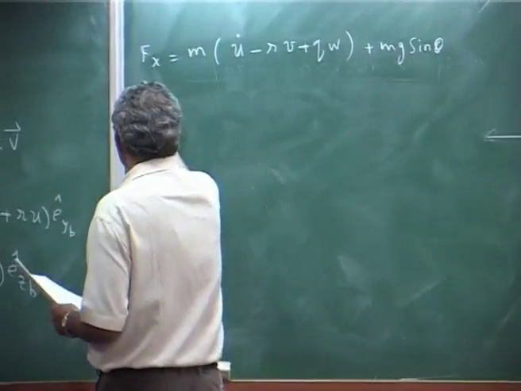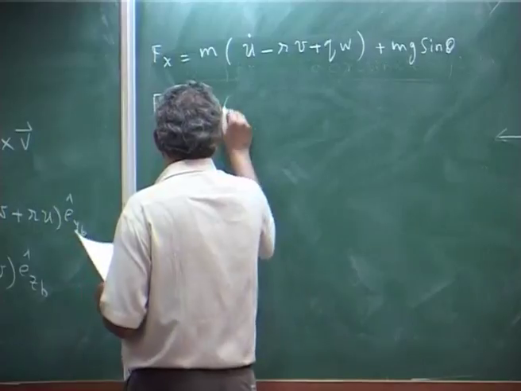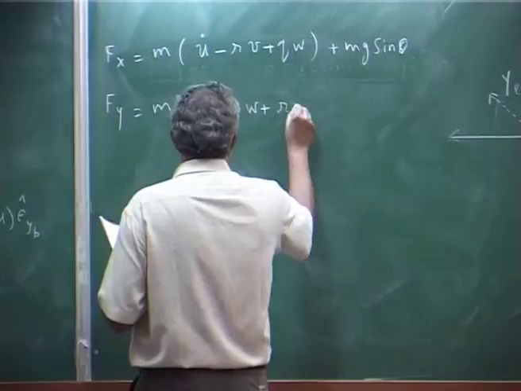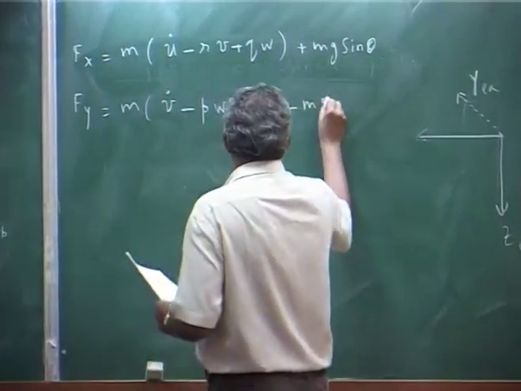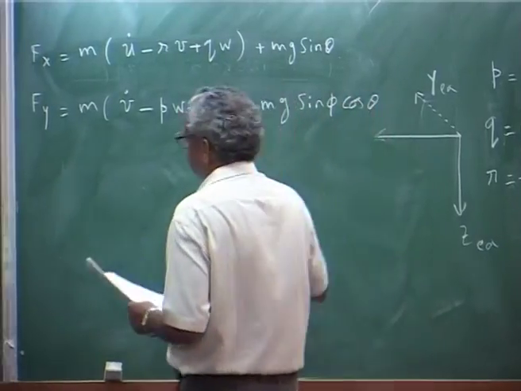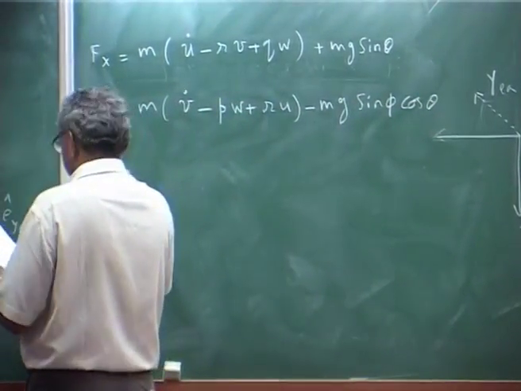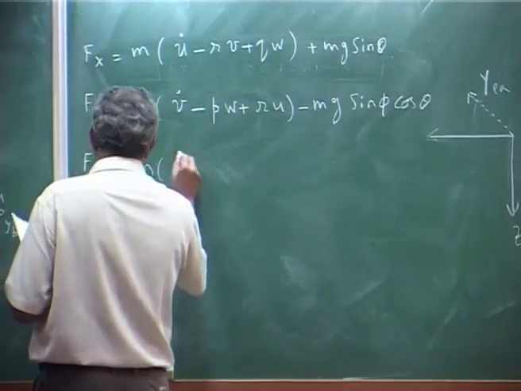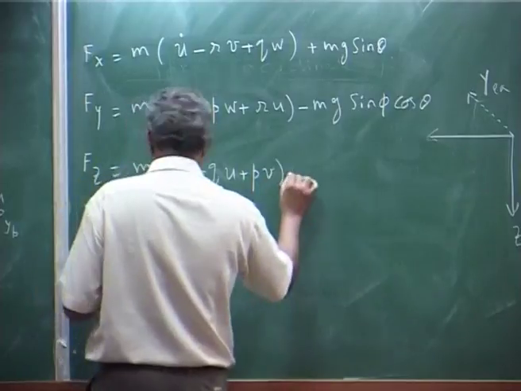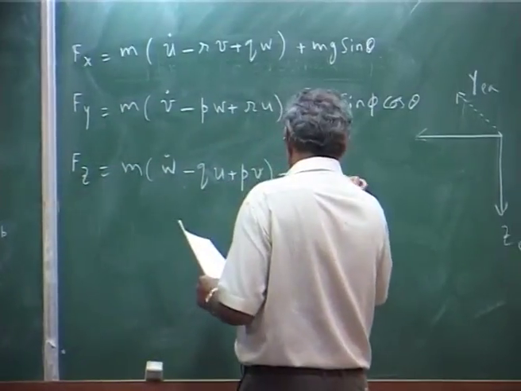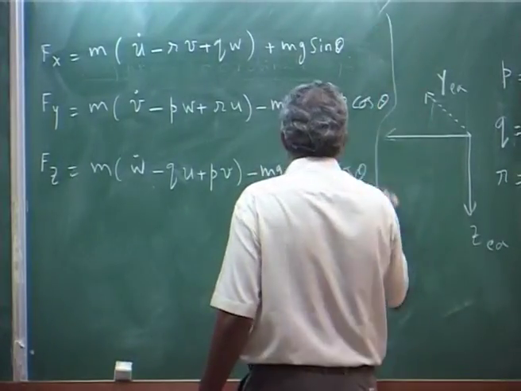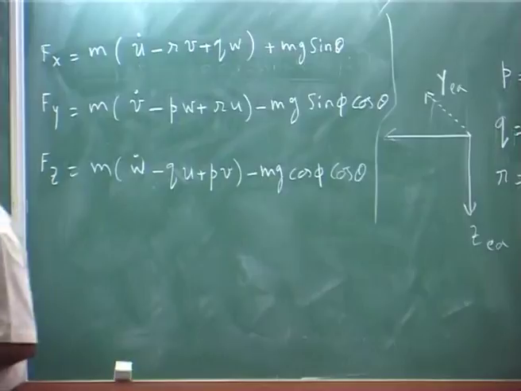Then Fy, because this is the standard way of writing, is m times V dot minus P W plus R u, minus mg sin phi cosine theta, and then Fz is m times w dot minus Q u plus P v, minus mg cosine phi cosine theta. So, these are my 3 force equations.